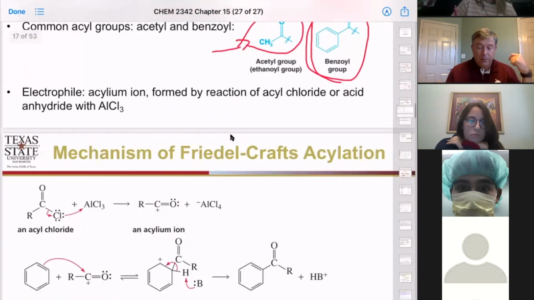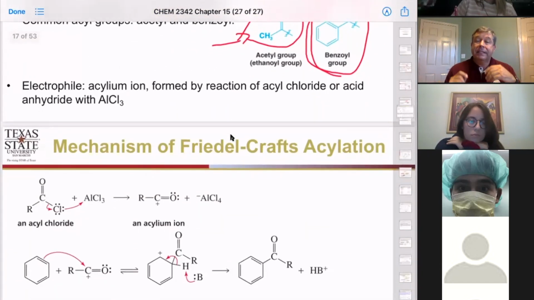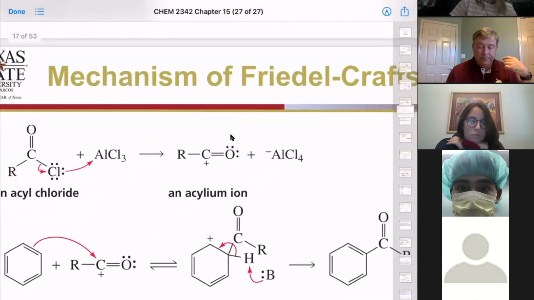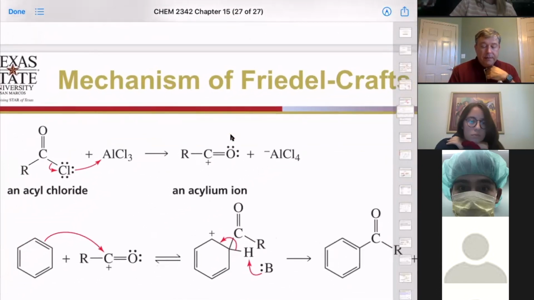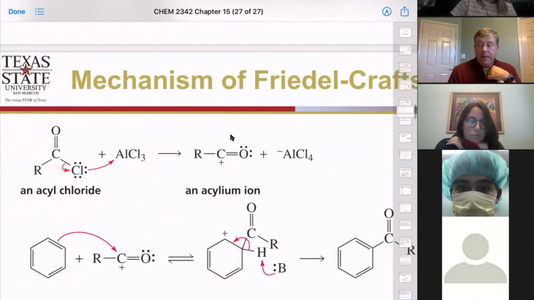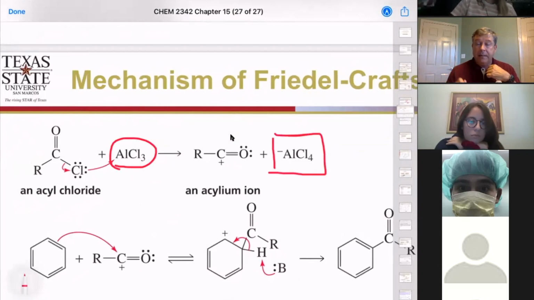Okay, so again, the mechanism is exactly the same. The first thing we have to do is create our electrophile. In this case, we make the acylium ion right here. In the case of an acid chloride, it will react with our Lewis acid catalyst and create our Lewis base, aluminum chloride 4 minus, and our acylium cation.